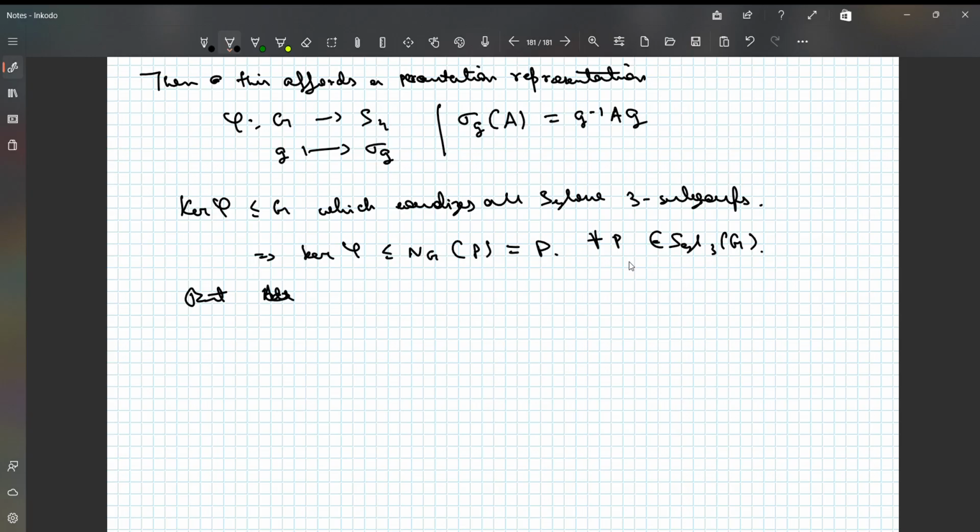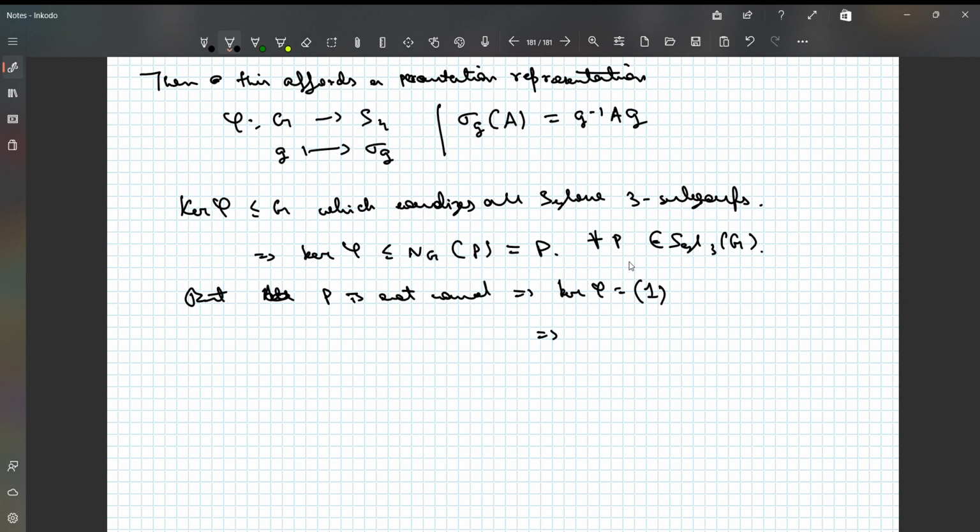But P is not normal, assumably, so P is not unique; there are distinct Sylow 3-subgroups. Since the kernel of phi is present in every Sylow 3-subgroup of G, it must be in the intersection of all the Sylow 3-subgroups. But distinct Sylow 3-subgroups must intersect in the identity. Therefore the kernel of phi must be the identity.